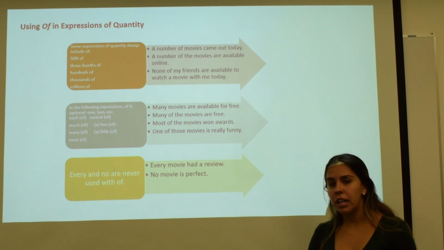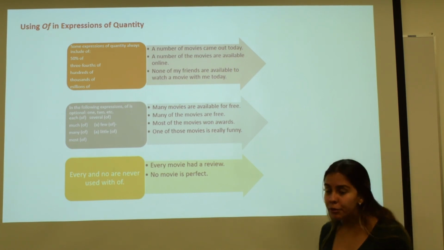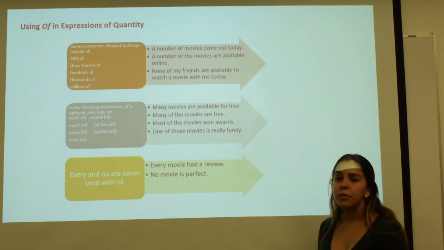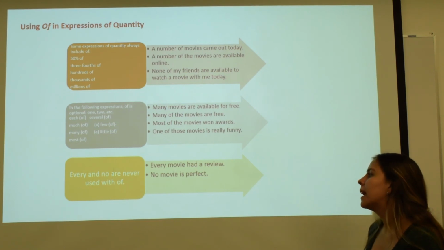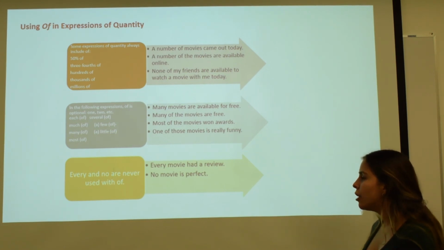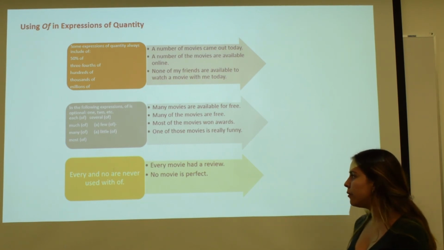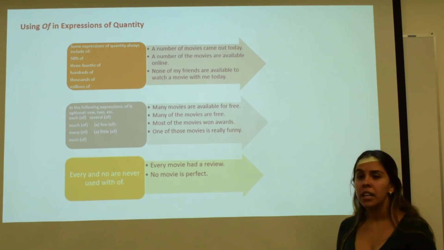We can use it or not. That's fine. Many movies are available for free. Many of the movies are available for free. Most of the movies won awards. One of those movies is really funny. Every and no are never used with of. So, every movie had a review. No movie is perfect.